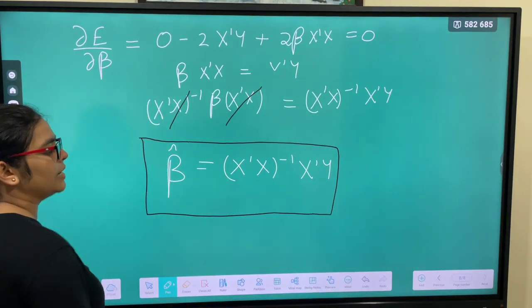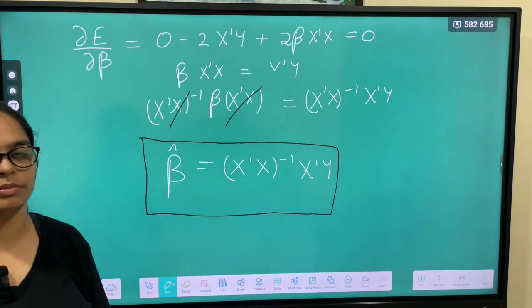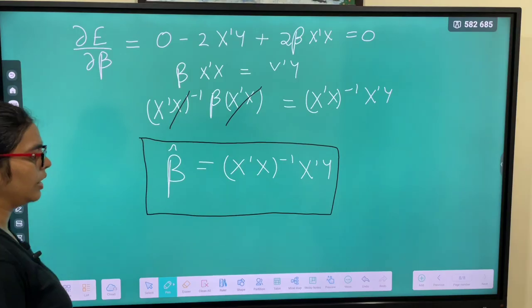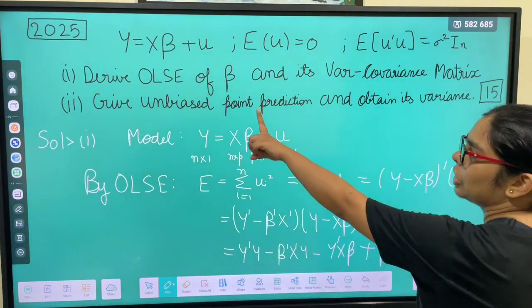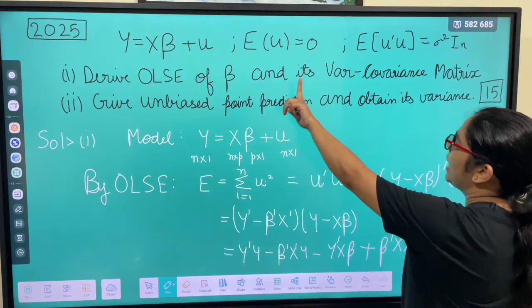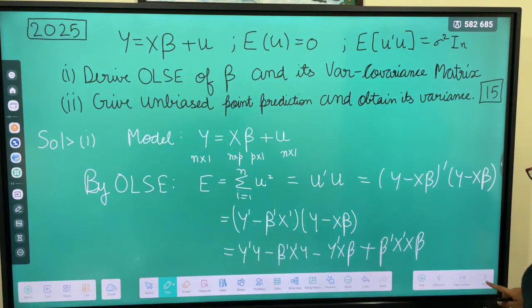This is the OLS, ordinary least squares estimator of beta. Now they have asked in the question to derive the OLS estimator of beta, which we have done, and its variance covariance matrix.